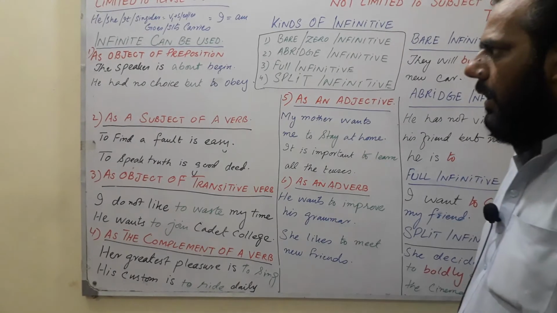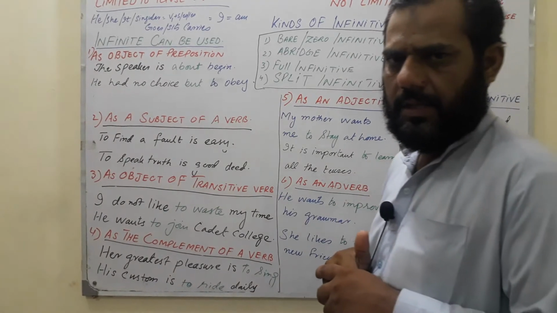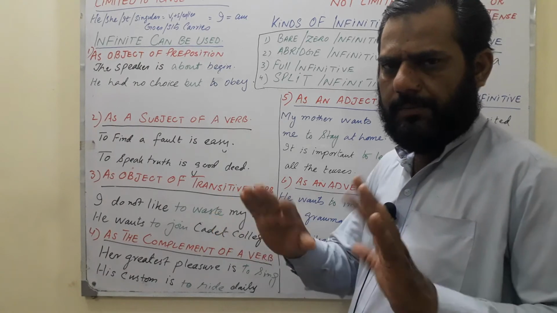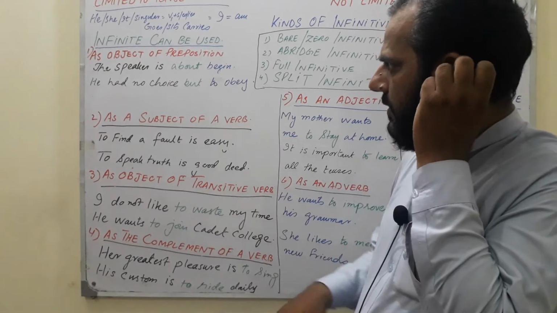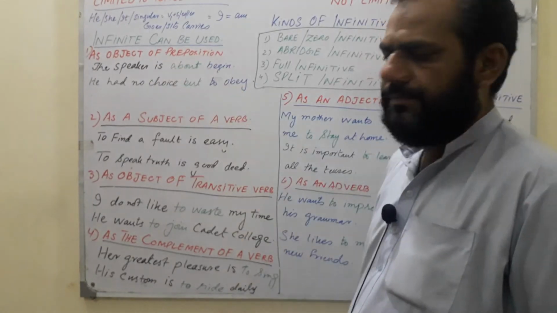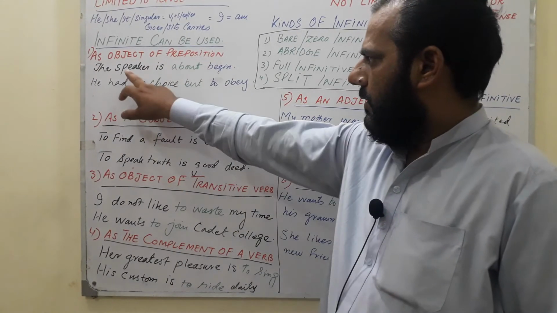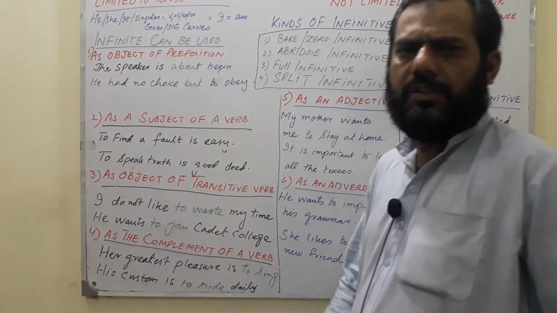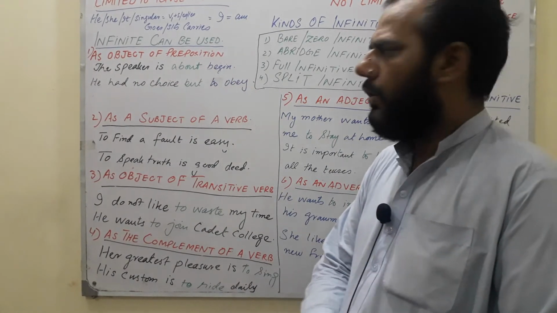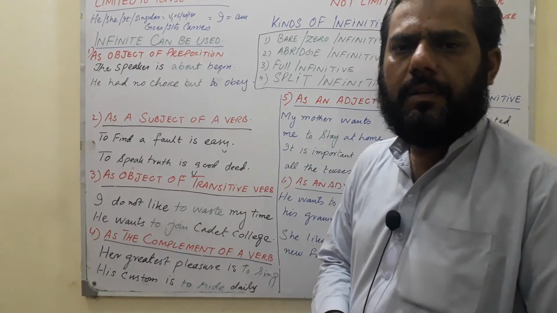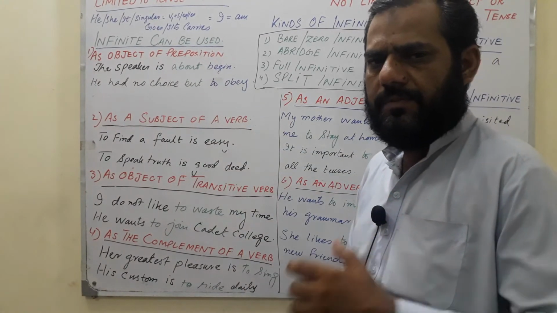Now, how can it be used? How many ways? There are six common and proper ways that we can use it. The first is as an object of the preposition. For example: the speaker is about to begin. In this sentence, before "begin" we are using a preposition.